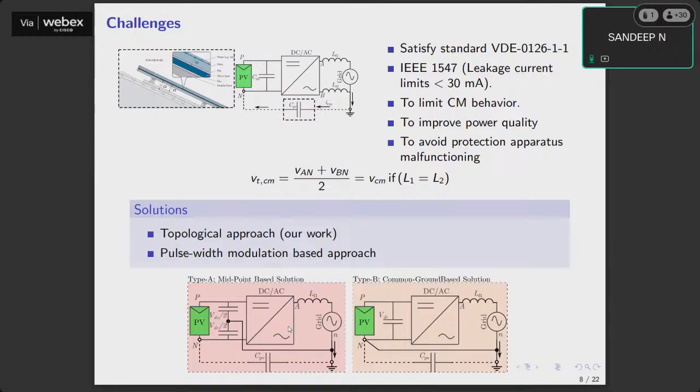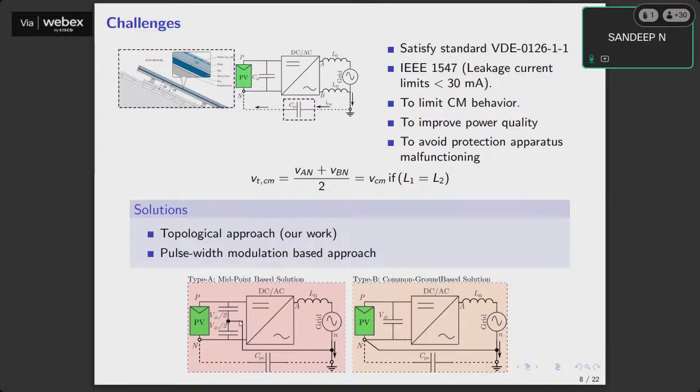But what is the disadvantage here? The disadvantage is the DC link. The moment you use the midpoint, the output voltage that you can generate for a given DC voltage is going to be half. In other words, we say the DC bus utilization is only 50%. What do you mean by that? If the DC link voltage is, say, 100 volts, and you don't use the midpoint and use a structure similar to this, the peak voltage that you can generate at the inverter output is 100.